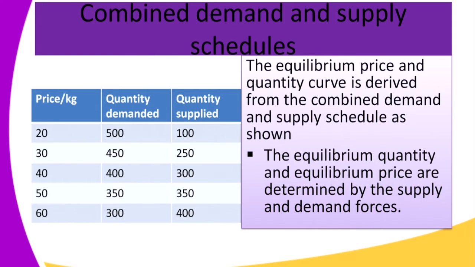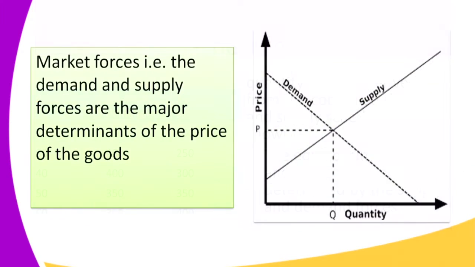So the equilibrium price and quantity curve is derived from the combined demand and supply schedule, as you can see. And the equilibrium quantity and equilibrium price are determined by the supply and the demand forces. You can see one of the curves is the demand curve and the other one is the supply curve. After you plot, you are going to come up with a graph like that one.